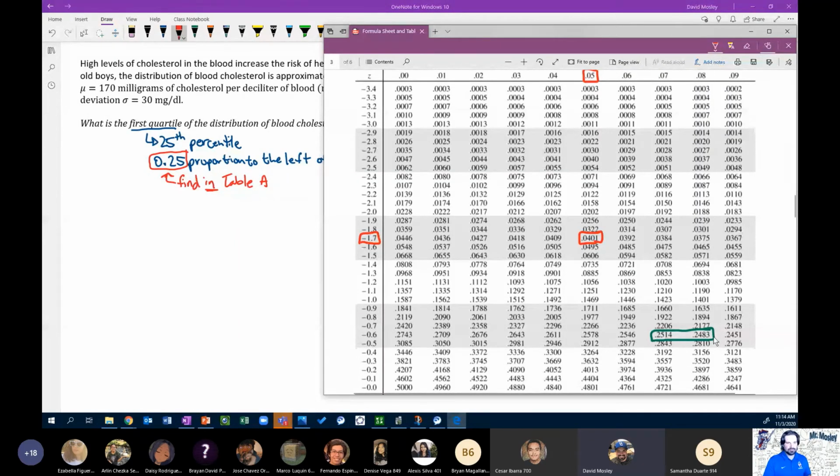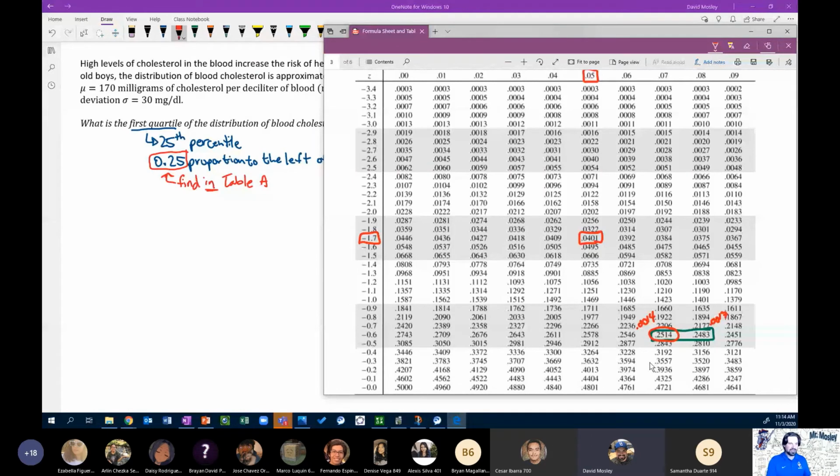This one, right to the right here, is 0.0017 away from 0.25. The one over here is 0.0014 away. That means this one wins. It's closer.